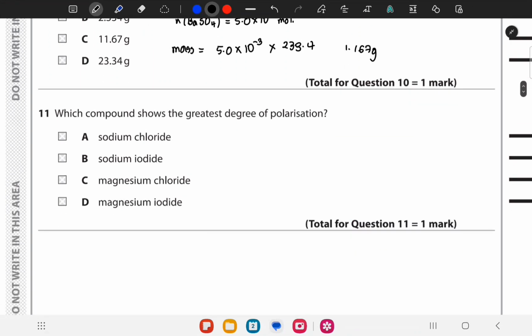Now in 11, we are asked which compound shows the greatest degree of polarization.